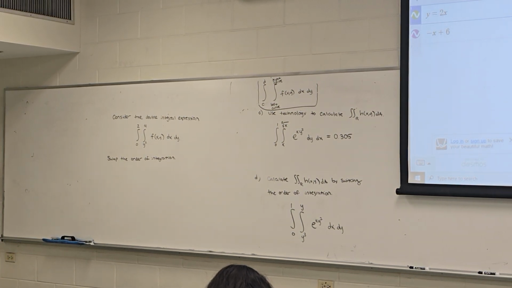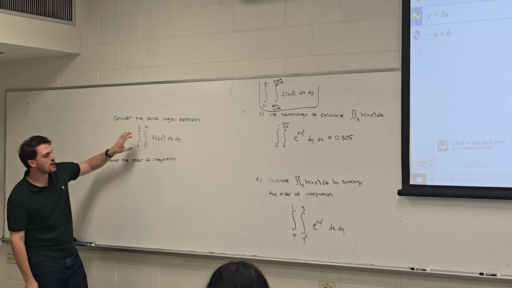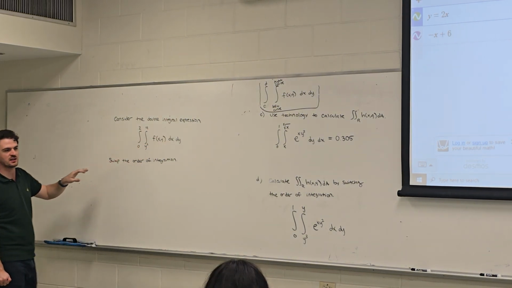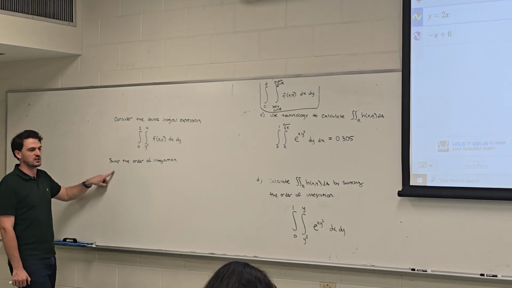So this one says, consider the double integral expression, and I've got some double integral here. And again, it's very vague as to what the surface is, and that's okay. We're not interested in what the surface is necessarily for today. The question just says, swap the order of integration.